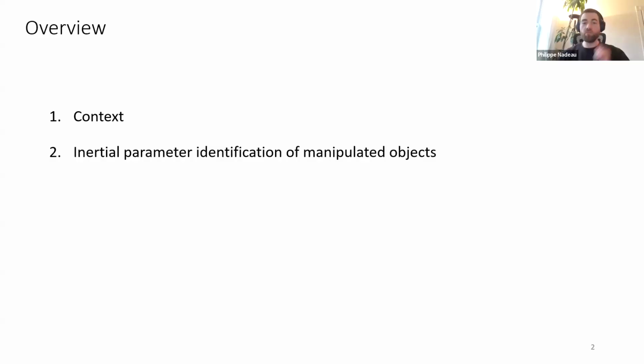So I debated whether to include an overview slide or not, but I decided to make one since my good friend Adam Hall loves them so much. And so in this presentation, we will first briefly cover the context in which my research work is situated. We will then look at two methods for the efficient identification of inertial parameters of objects manipulated by robots.